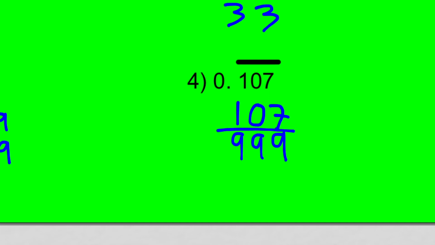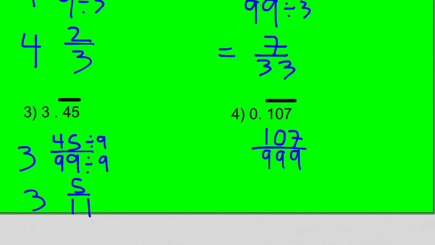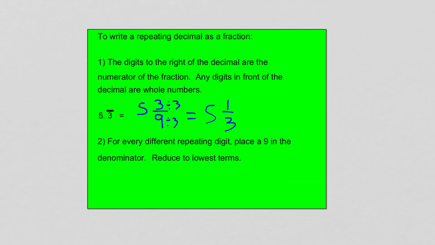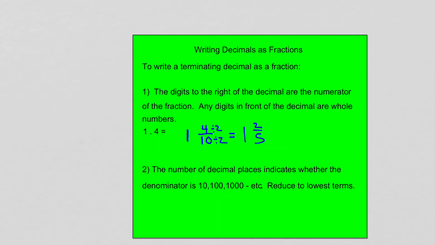So this is in lowest terms already. We're done. Okay. So writing a repeating decimal as a fraction, you make them out of 9. Writing a terminating decimal as a fraction, you make them out of 10 or 100 or 1,000.